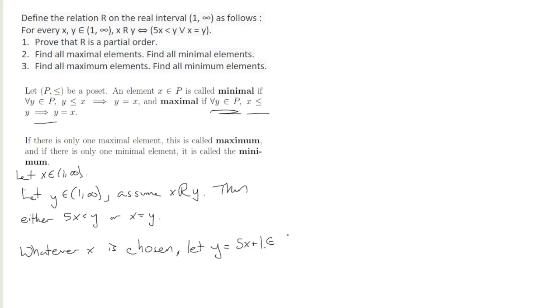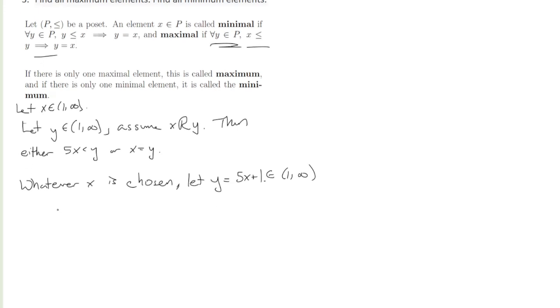That's certainly also in the interval from 1 to infinity. If x is in 1 to infinity, then so is that y. And then clearly, because of the way I've defined that there, then 5x is not less than 5x plus 1. Oops. Yes, it is. 5x is less than 5x plus 1.